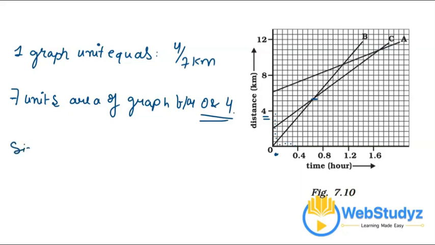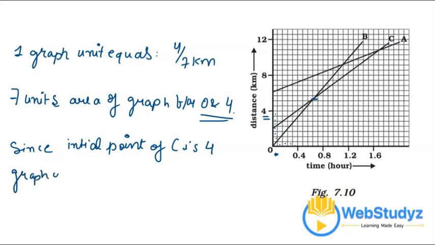Now we know the initial point of C is 4 graph units away from the origin.